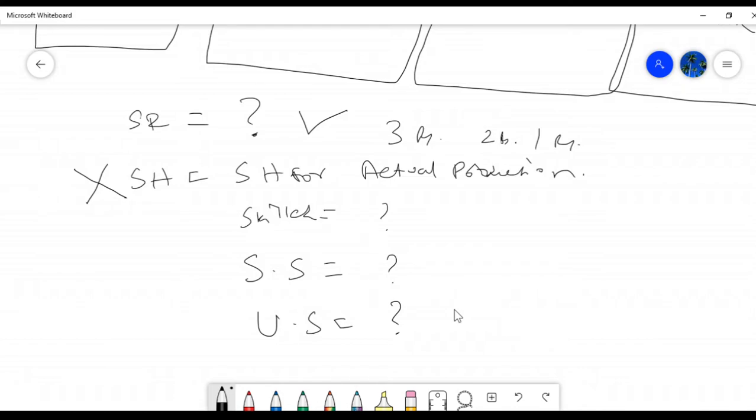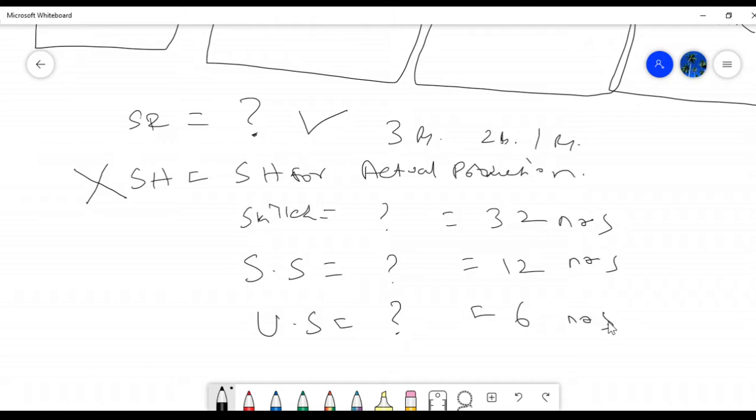Under skilled they have 32, under semi-skilled 12, under unskilled 6. Numbers means number of employees. They didn't give the hours directly.